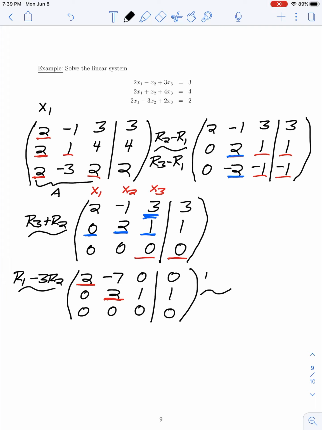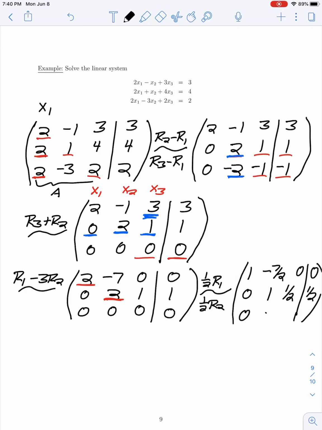We could say this is equivalent to the system we get by taking half of row 1 and half of row 2, and let's see what those rows become. Our first row is then 1, -7/2, 0, 0. Our second row is 0, 1, 1/2, 1/2, and our third row is still a row of all zeros.